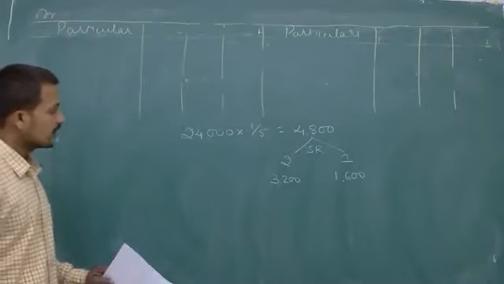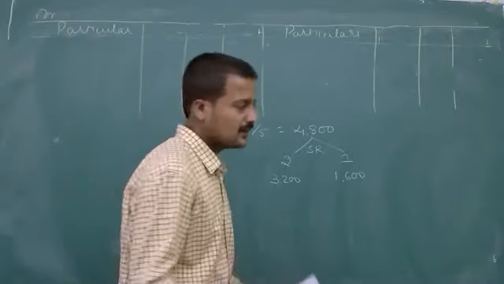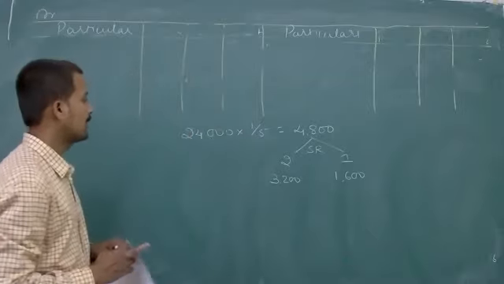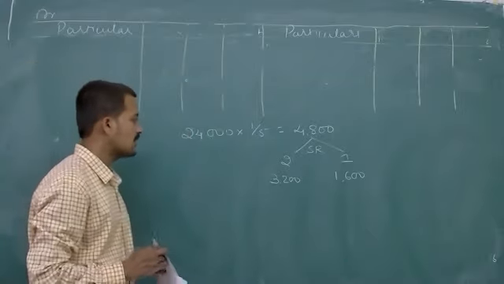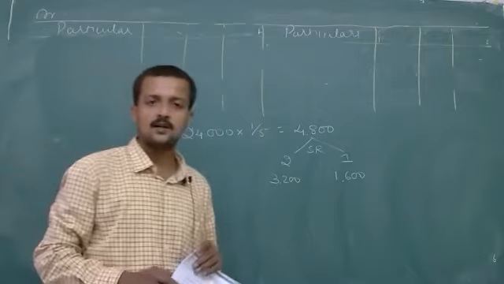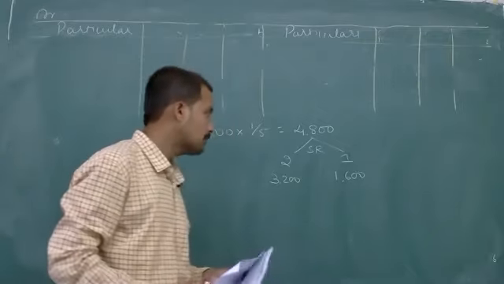The journal entry is very simple. It is the universal entry we pass, that is, gaining partner's capital account debit to sacrificing partner's capital account.